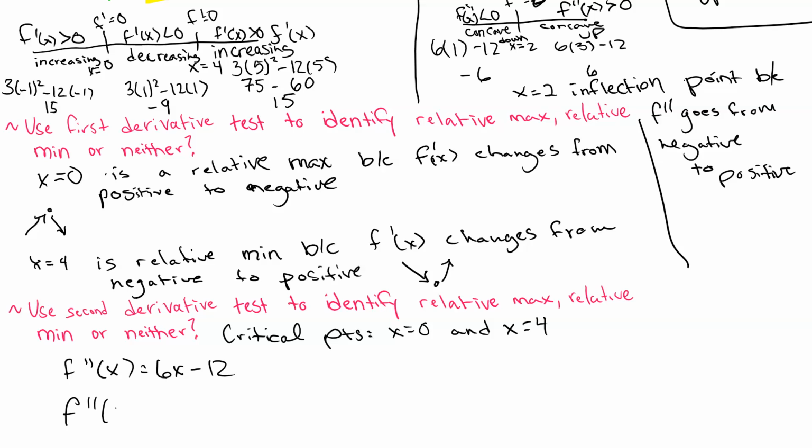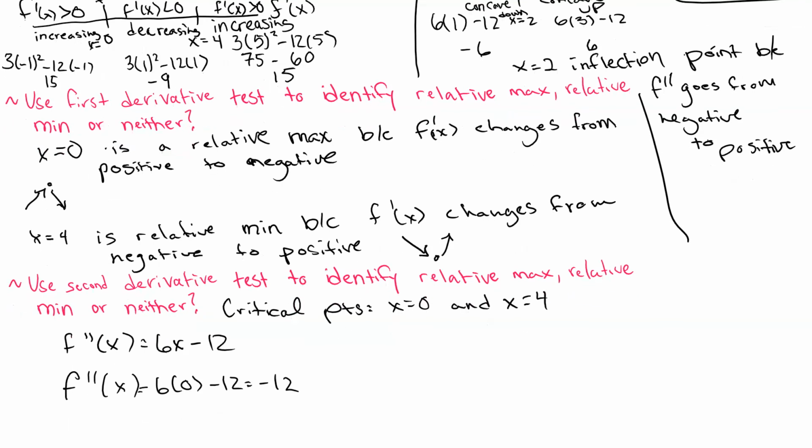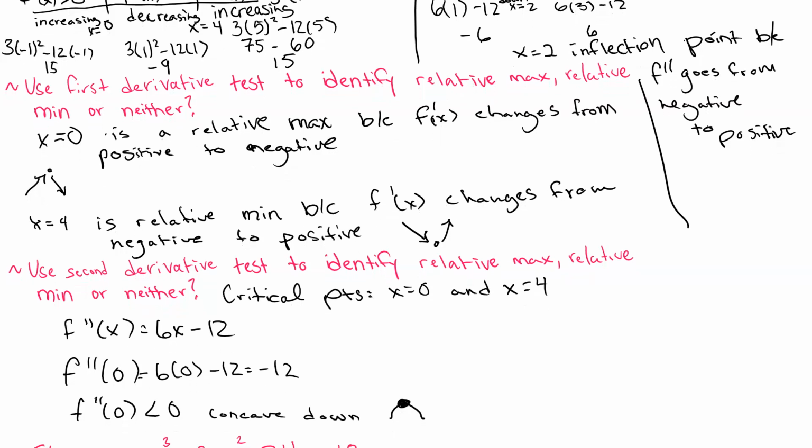So at 0, we've got 6 times 0 minus 12, or negative 12. The second derivative at 0 is negative, right? And when it's negative, that means it's concave down. So if we imagine concave down, we've got a relative max.